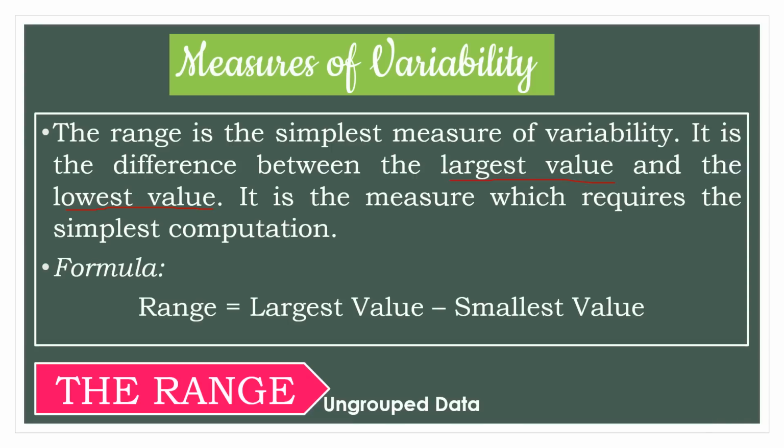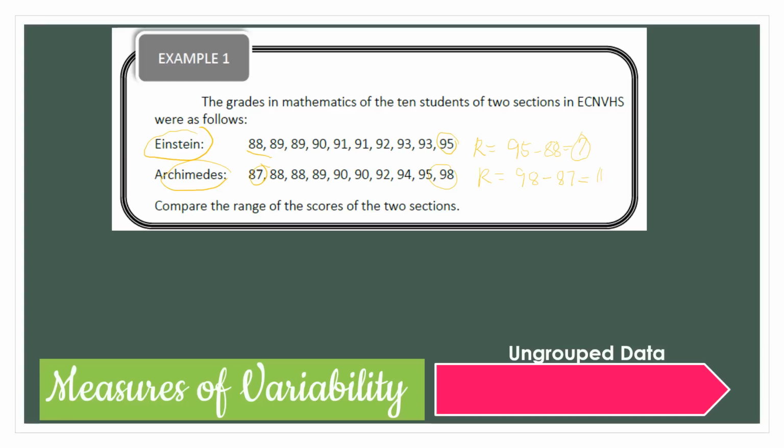So here is our formula. The range is equal to the largest value minus the smallest value. We have here an example. For example 1, the grades in mathematics of 10 students of 2 sections in ECNVHS were as follows. Here are the grades for section Einstein and the grades for section Archimedes.